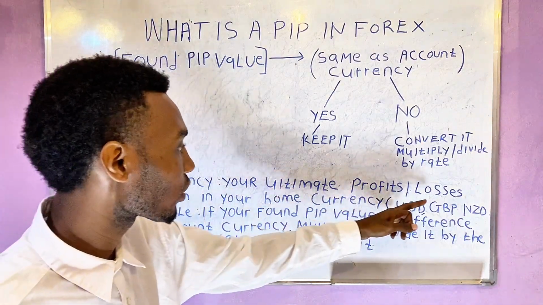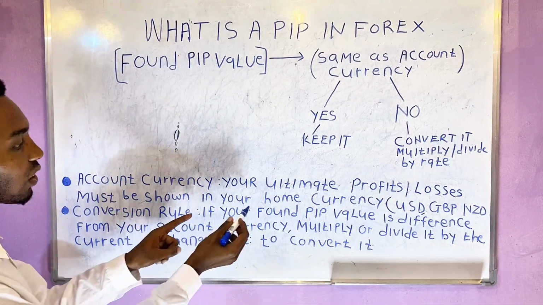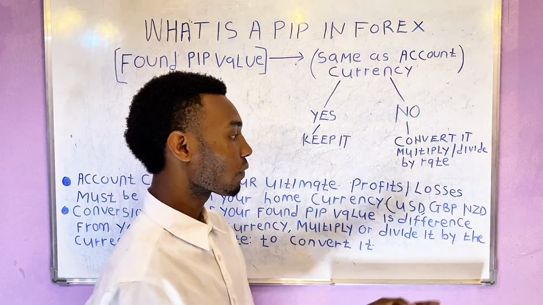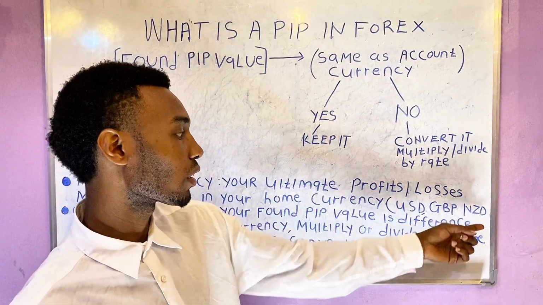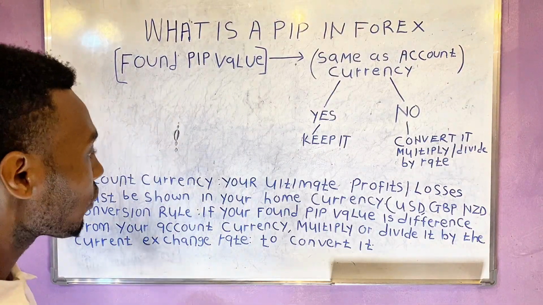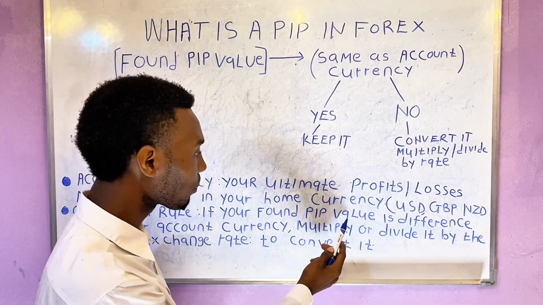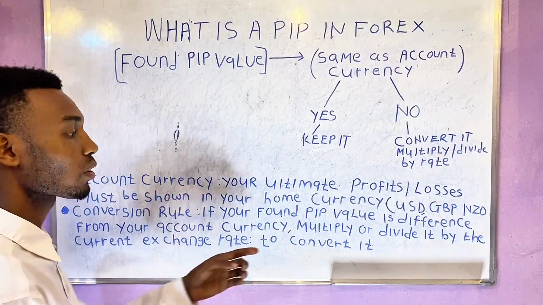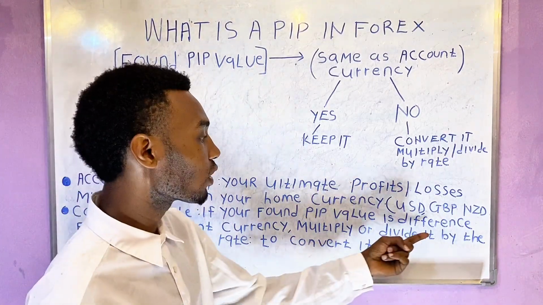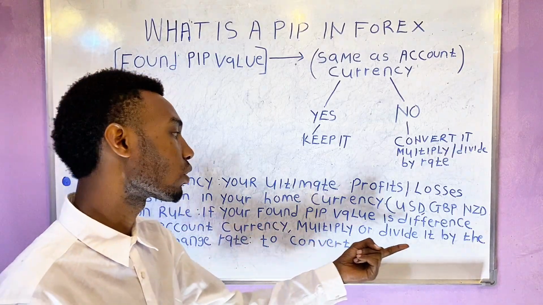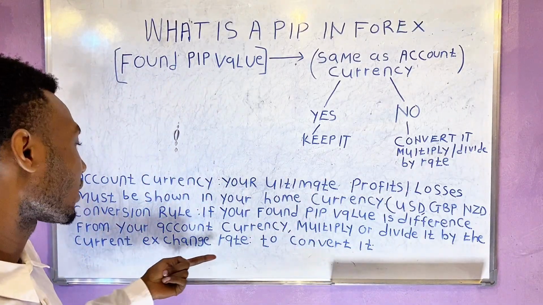Your ultimate profit or losses must be shown in your home currency, like USD, British pound, or New Zealand dollar. Conversion rule: if the pip value is different from your account currency, multiply or divide it by the currency exchange rate.